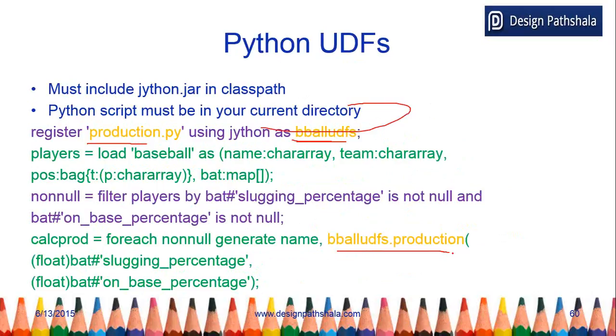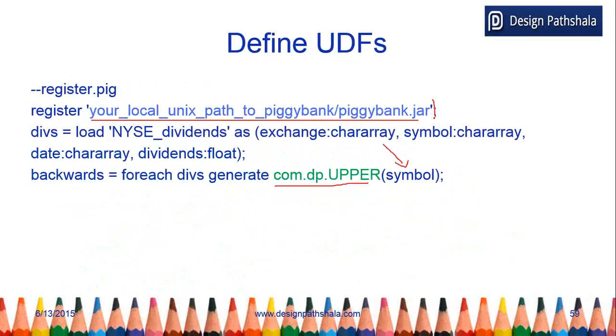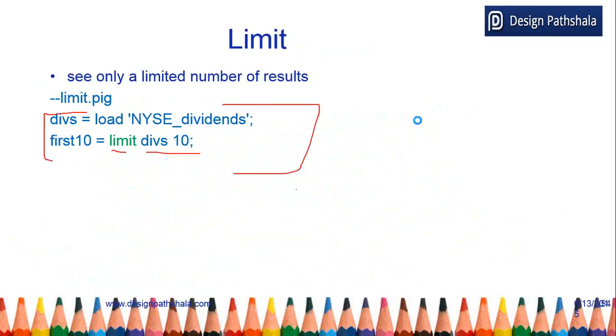So piggybank.jar would already be there in the class path. You don't have to add that jar in such a scenario. You can just use a function like the way I've used over here.